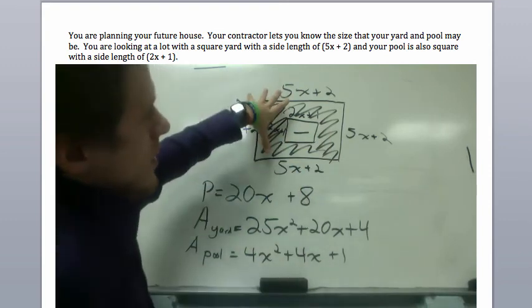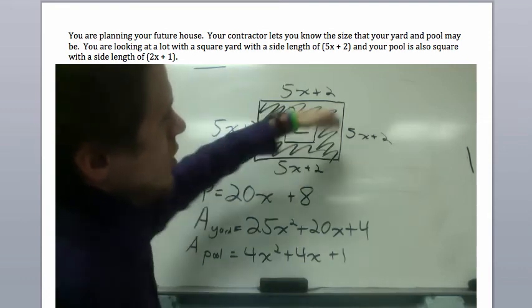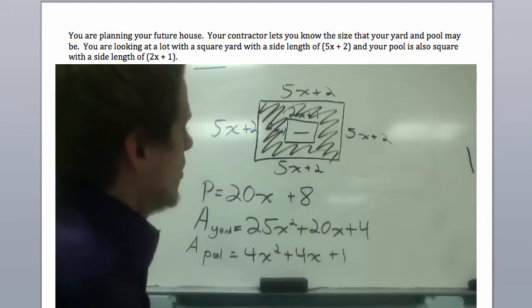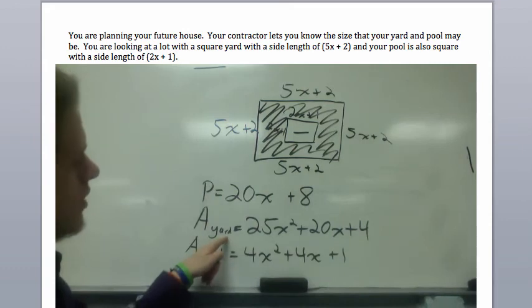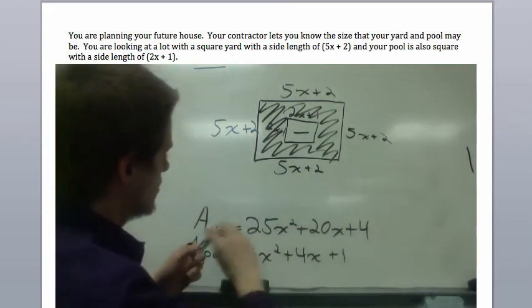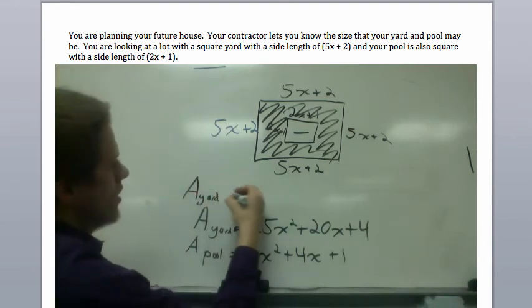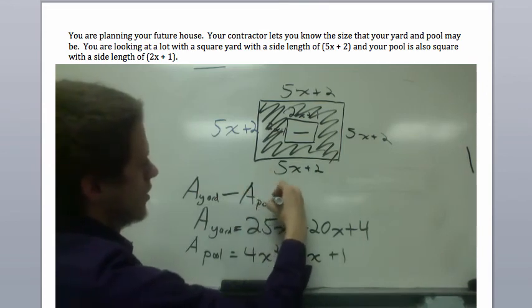So the large area, subtract out that smaller area, and all you're left with is that outside part where the grass can actually go. So we're going to take the area of the yard, and we're going to subtract the area of the pool.